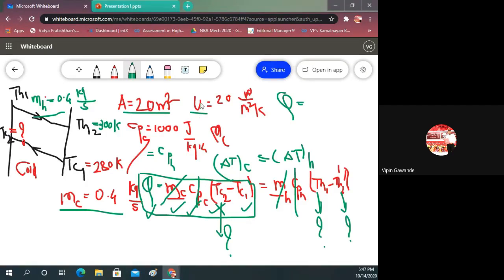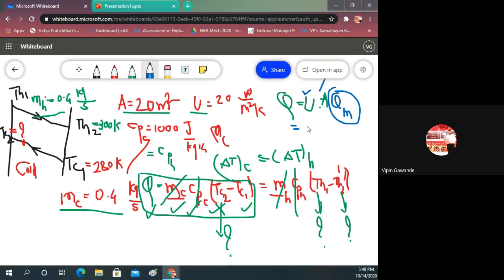Since the overall heat transfer coefficient is given in the problem, we use the formula Q is equal to U A theta m. In this formula U is known, 20, and A is known, 20. Now how to calculate theta m?